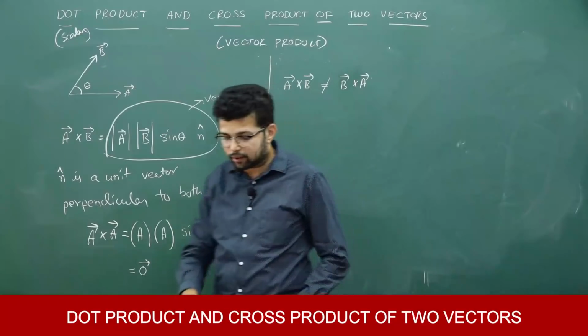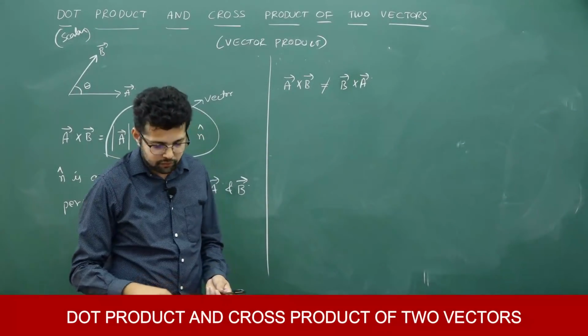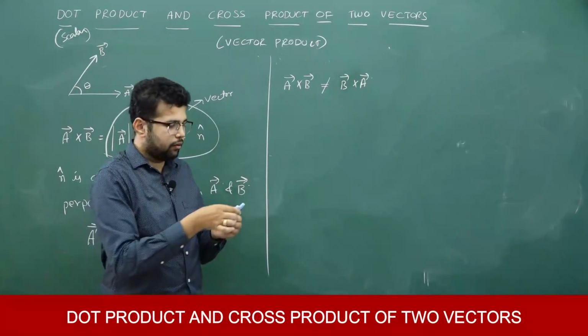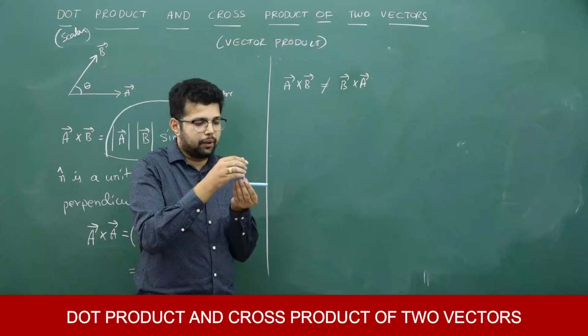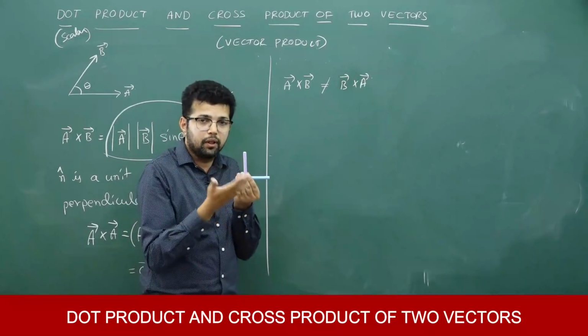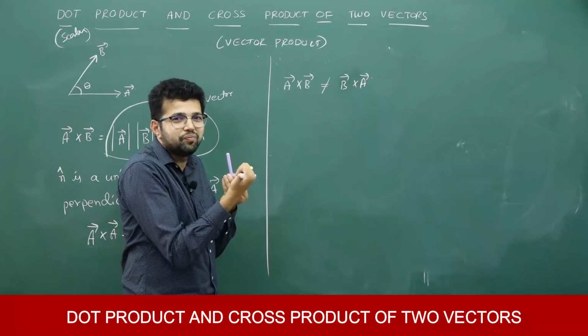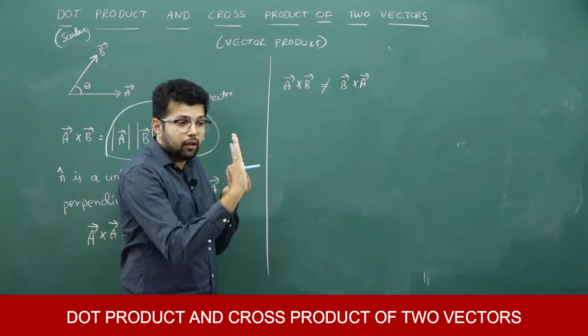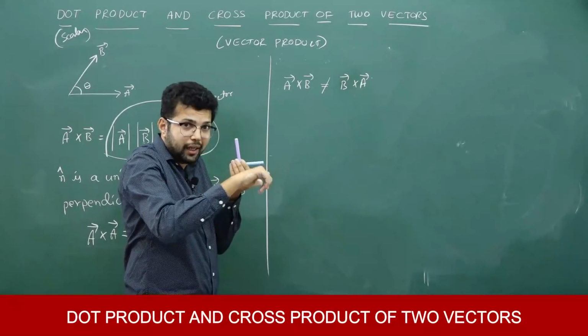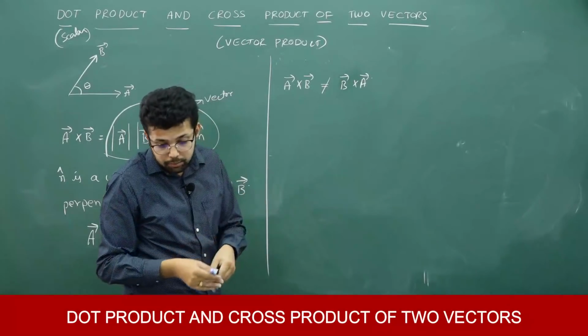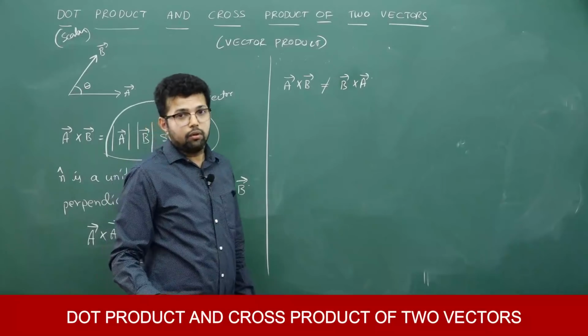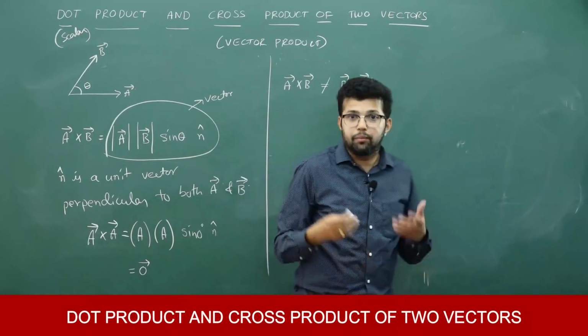Why? How to find A cross B? If this is vector A and this is vector B, this is A, this is B, how to find A cross B? This is A cross B, it's towards you. How to find B cross A? B cross A is away from you. A cross B is not equal to B cross A, it is not commutative.